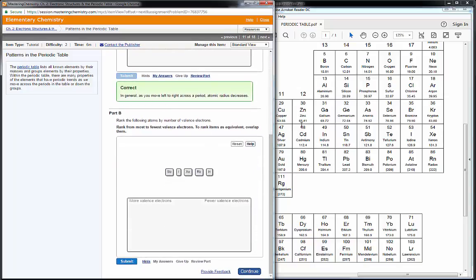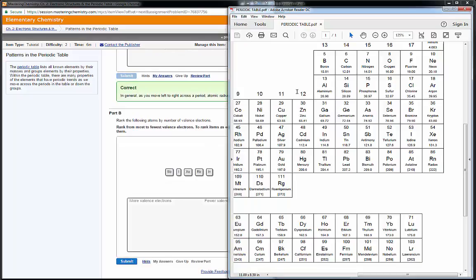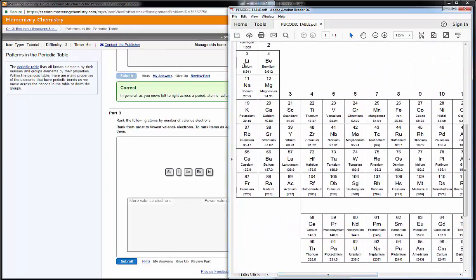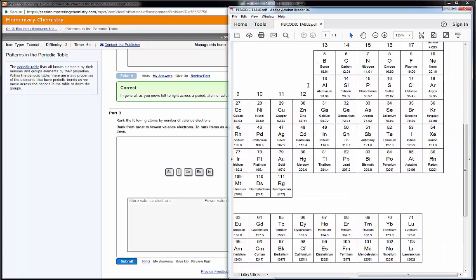Rank them by number of valence electrons. Now for main group elements, it's just the same as the column number. So column 1 has 1 valence electron, column 2 has 2 valence electrons, column 3 has 3, 4, 5, 6, 7, 8 valence electrons. It just follows the column number.